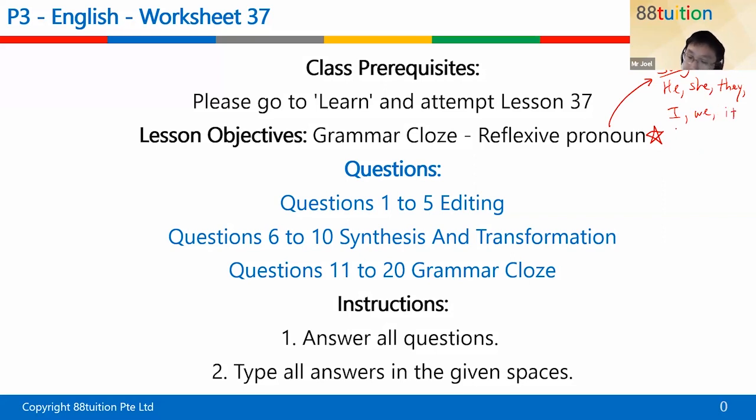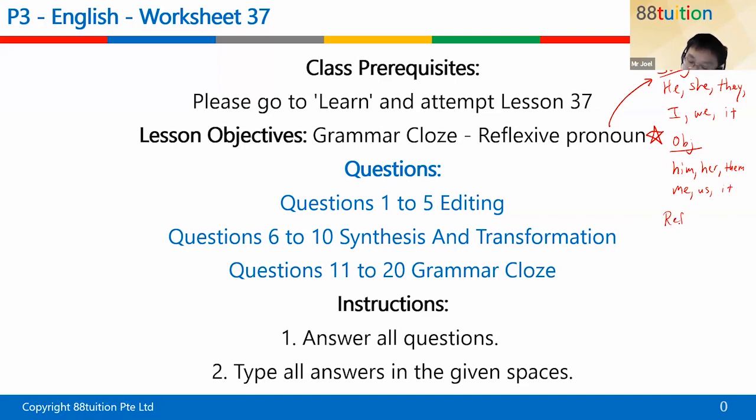Then we have our objective pronouns, which are him, her, them, me, us, and it as well.